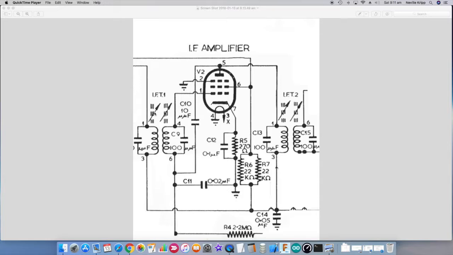You'll also note that it's denoting that the ferrite cores in the actual coils are adjustable, and rather than having trimming capacitors in this case, it's actually adjusting the inductance of those particular coils to affect the frequency that the tuned circuit is tuned to.